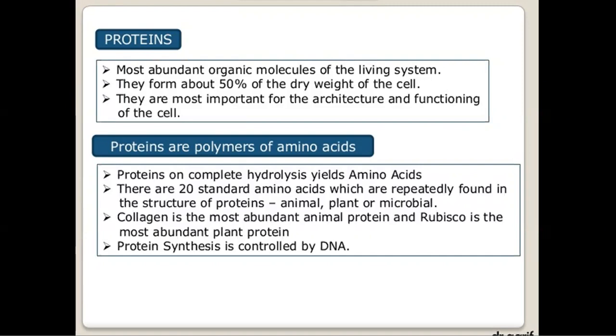And the shape of proteins: proteins have variable shapes. Insulin is globular, albumin is oval, and fibrinogen is elongated or fibrous.